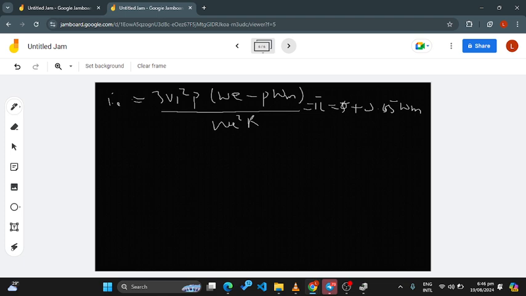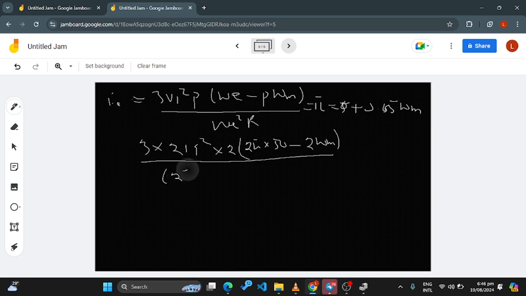So then we are going to have 3 times 219 squared times the pole pair, which is 2, times the synchronous speed, which is 2 pi times 50, minus 2 times omega m, divided by 2 pi times 50 squared times the resistance, which is 0.453.